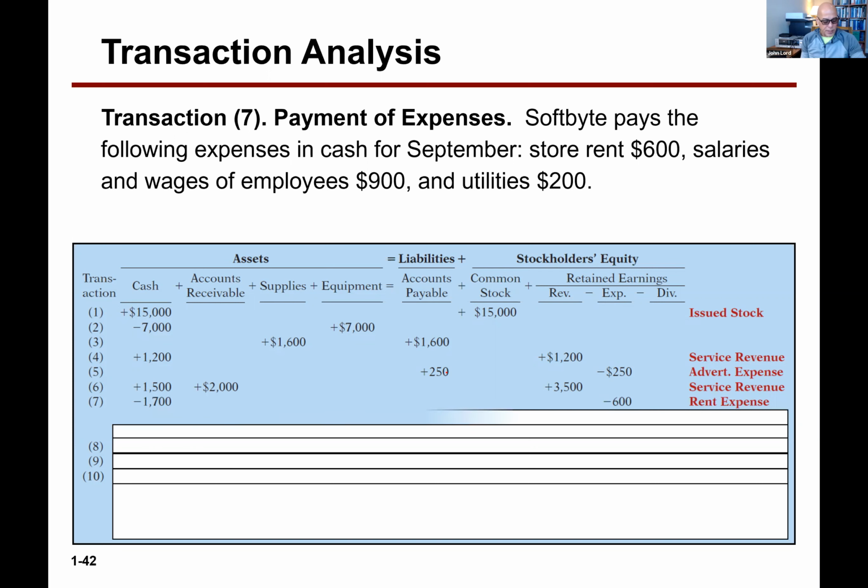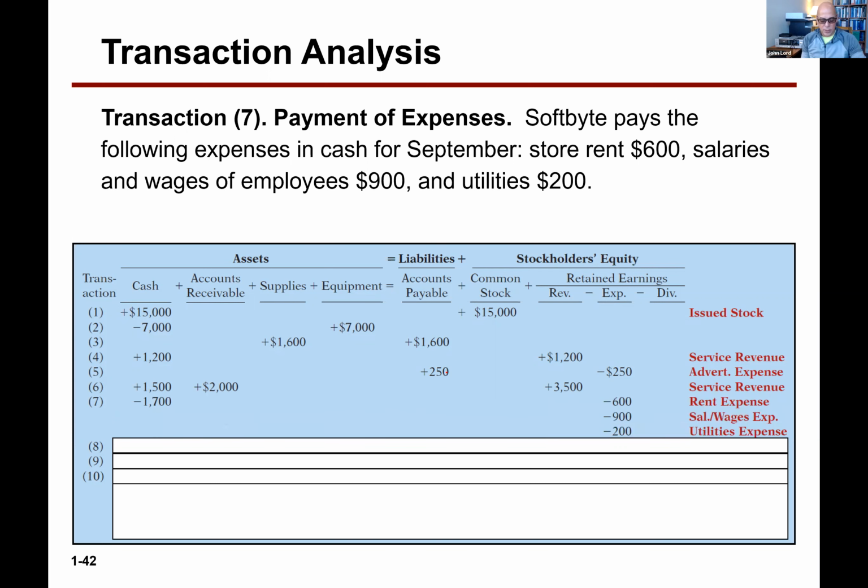They chose to show each of these expenses separately, but basically my expenses are going up. When my expenses go up, my net income comes down. When my net income comes down, my retained earnings comes down. When my retained earnings comes down, my stockholders' equity comes down, right?